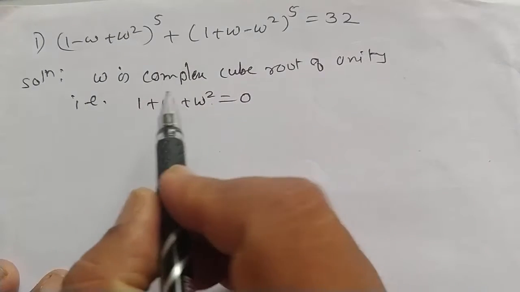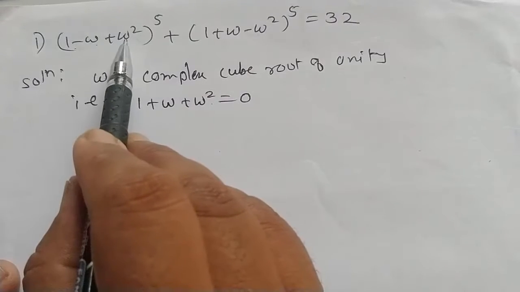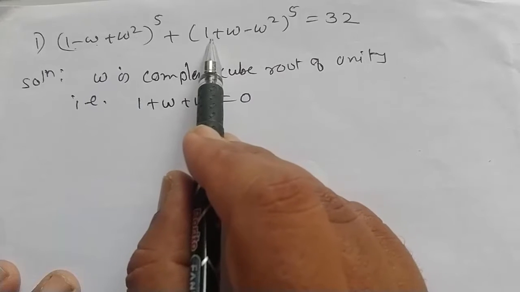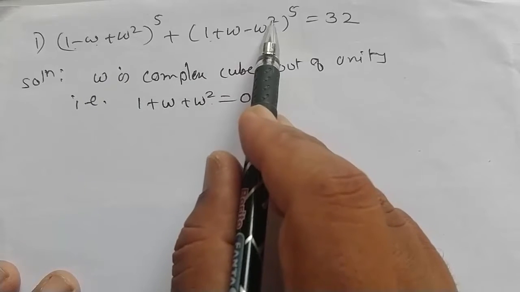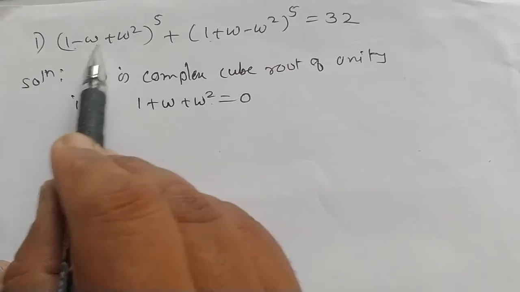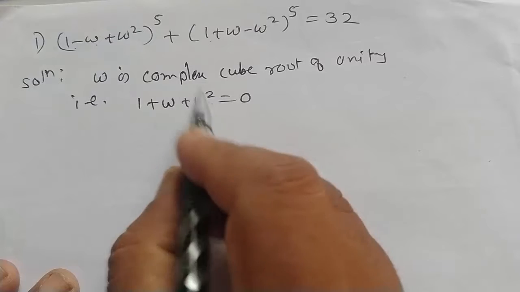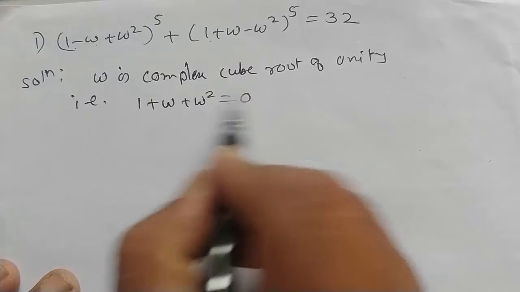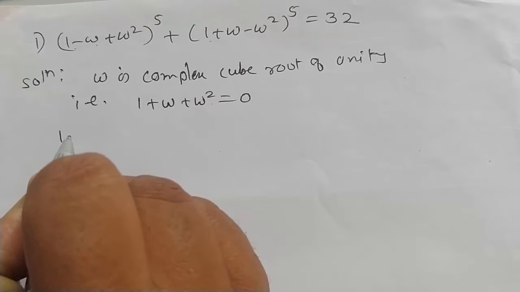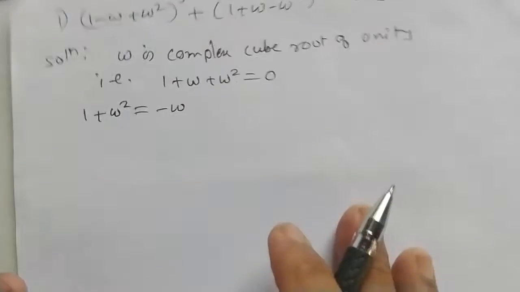Now the LHS is given: 1 minus omega plus omega square. This is one bracket and another bracket is 1 plus omega minus omega square. Now we bring this type of term. Here I take my omega to the left hand side. Therefore 1 plus omega square is equal to minus omega.